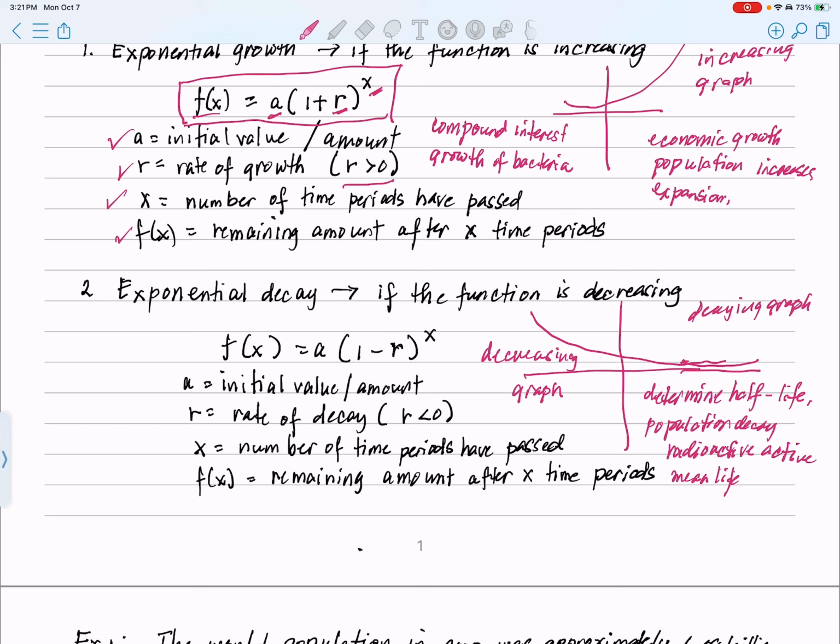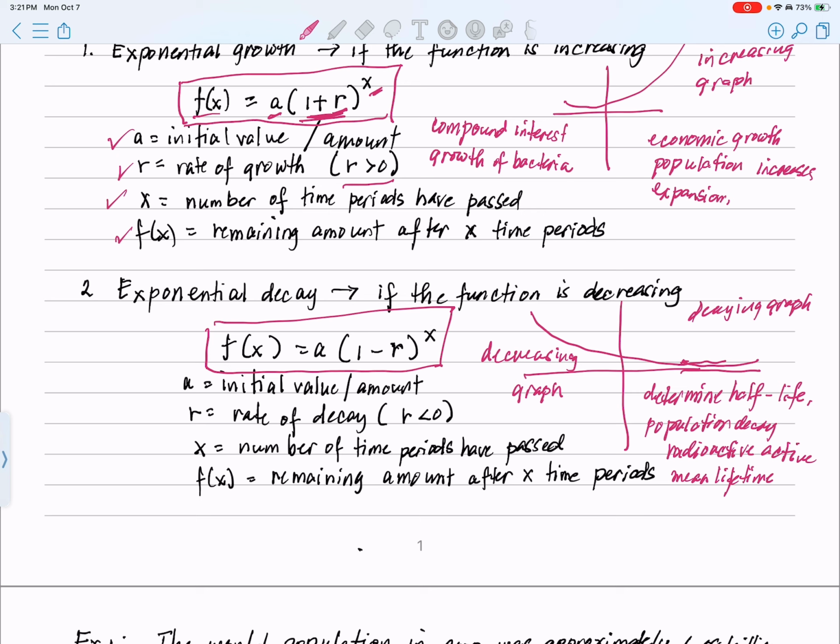We usually use the decaying formula. And that formula is f of x equals a times the quantity of 1 minus r to the power of x. So I want you to look at the difference here in the formula. In growth, we have 1 plus r, 1 plus the rate.